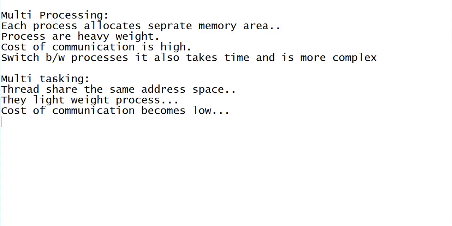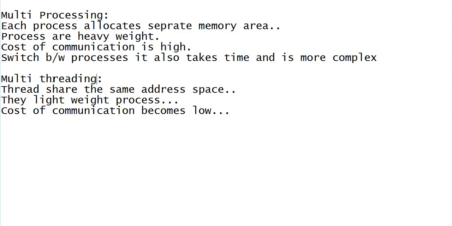Sorry, this is multi-threading, I have written it wrongly. So in multi-threading, threads share the same address space. They are lightweight processes.